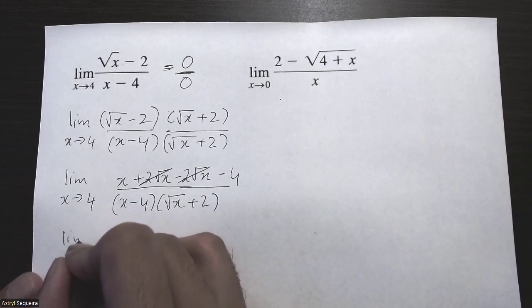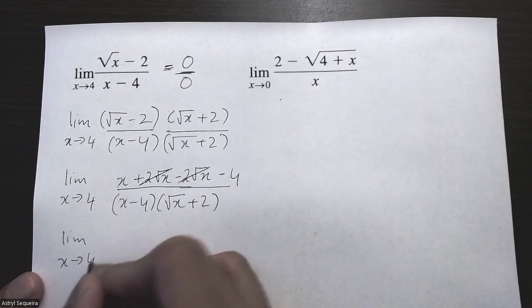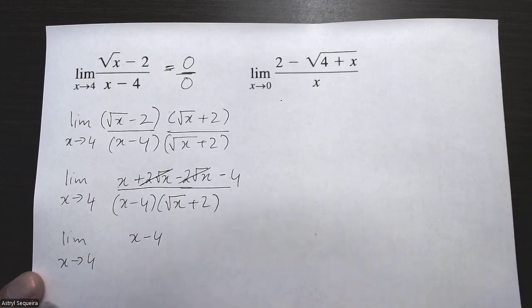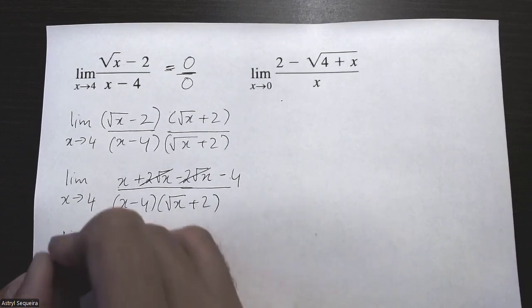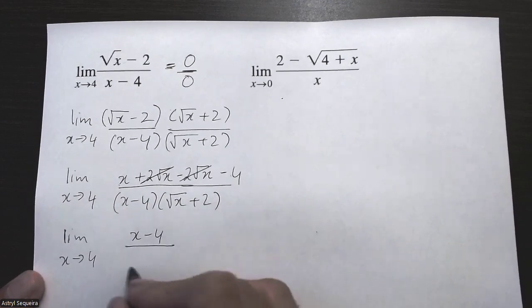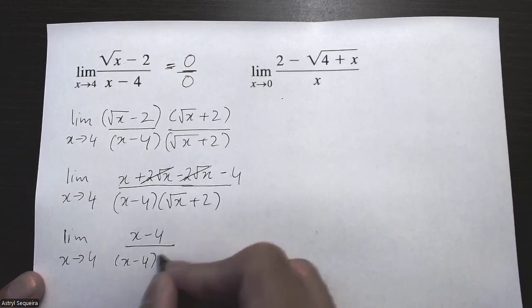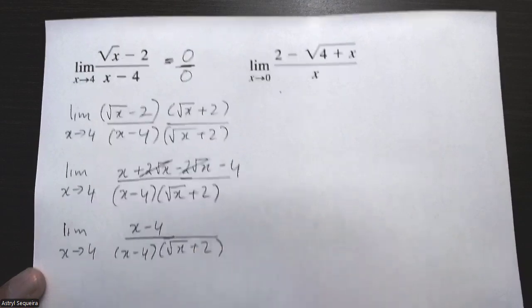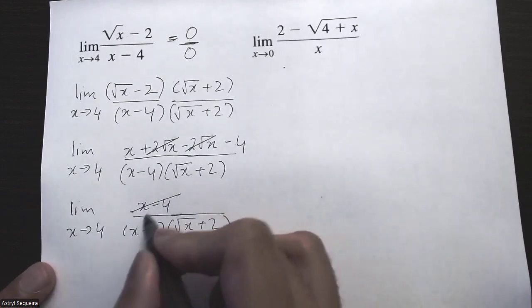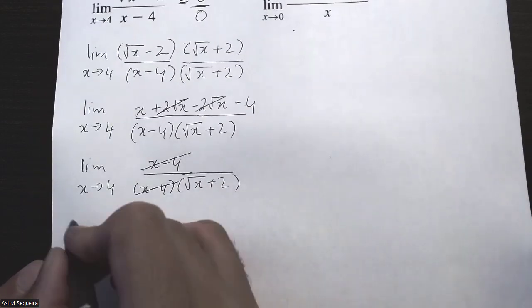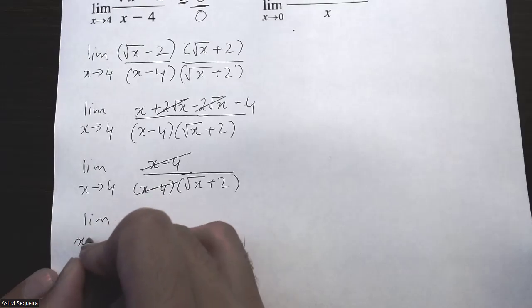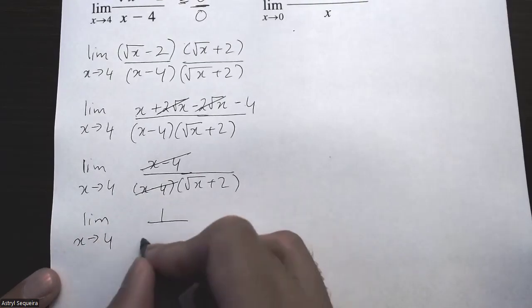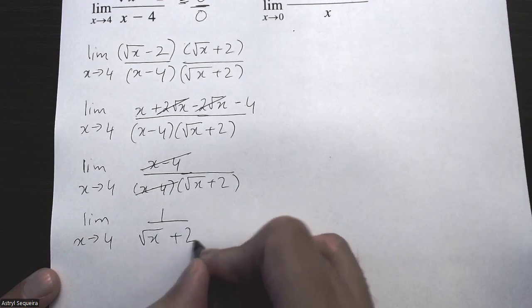So now I'm just left with the limit as x approaches 4 of x minus 4 on the top, and on the bottom I have x minus 4 times root x plus 2. Now I can just cancel x minus 4 and x minus 4. So I'm just left with the limit as x approaches 4 of 1 over root x plus 2.